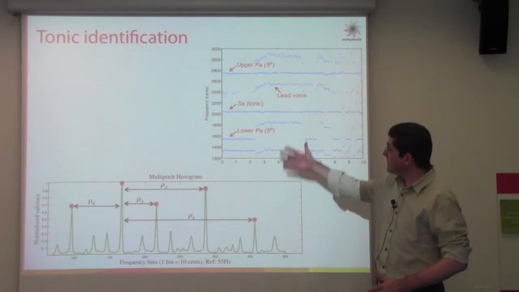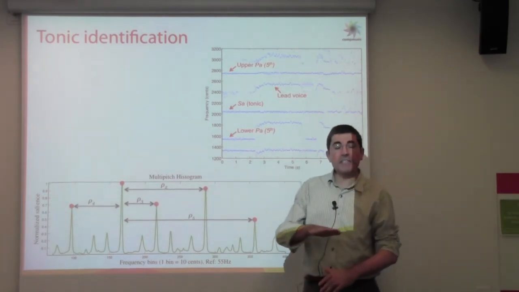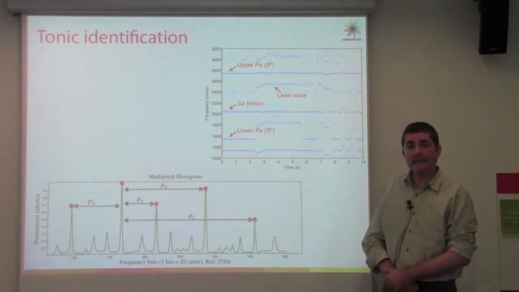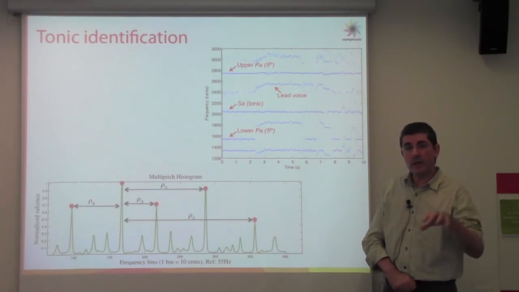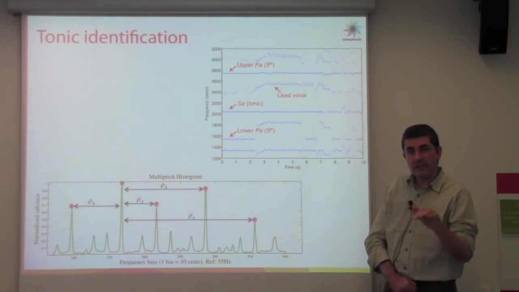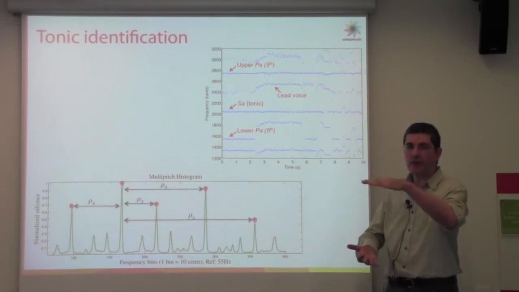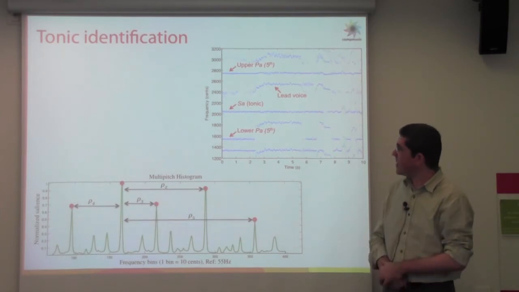So for example, this is the case of Indian music, in which the tonic is basically the drone that is played by a tambura or an electronic shruti instrument that generates this tonic. And it generates a complex signal, but that has this tonic.